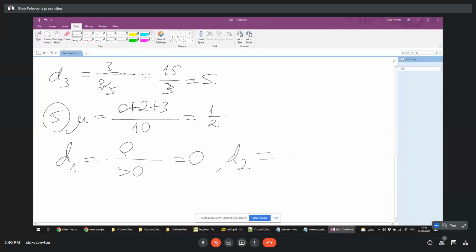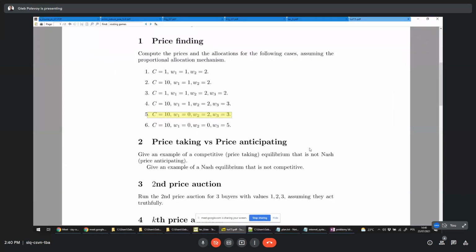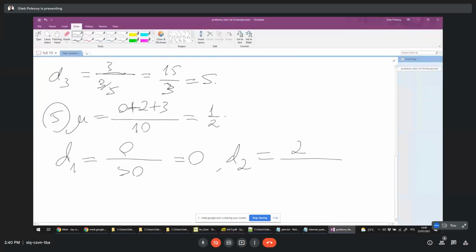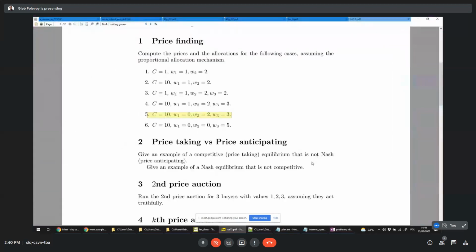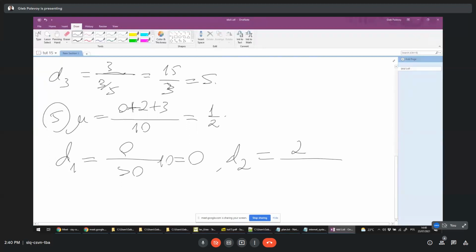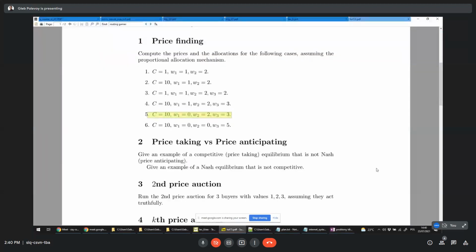D2 is, how much is D2? We are back on question 5. How much is D2? 2 divided by half, so 4. 2 divided by the sum of the bids, 0 plus 2 plus 3, times 10, of course. It should be times 10. So 2 divided by the sum of the bids, 5 times 10.